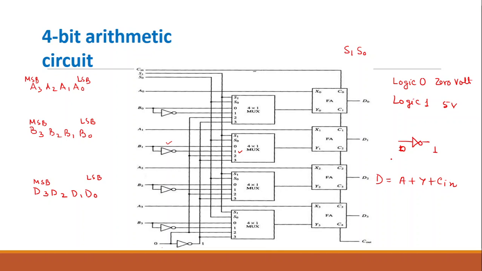Cin is the input carry, which can be either 0 or 1. So by controlling the value of Y with the two selection inputs S1 and S0 and making Cin equal to 0 or 1, it is possible to generate 8 arithmetic microoperations.